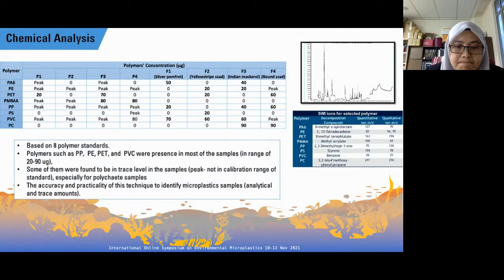We are still optimizing this method. We can say that the accuracy and practicality of this technique is very suitable, especially when we have a very small amount of sample, trace amounts of contaminants and their additives. So I think this technique is very suitable.